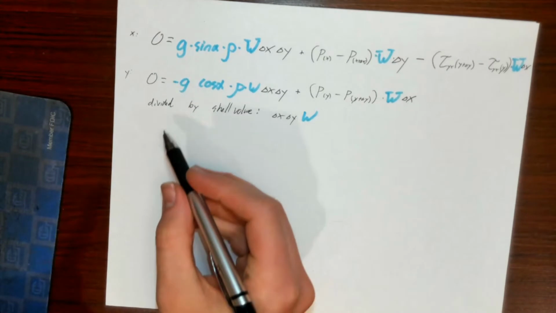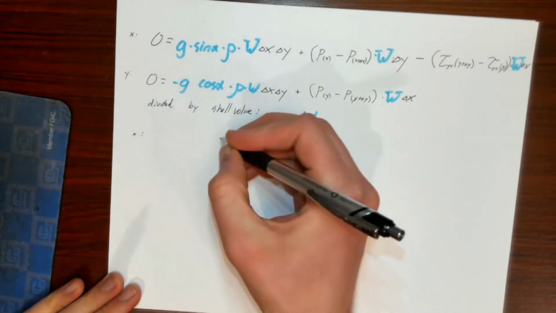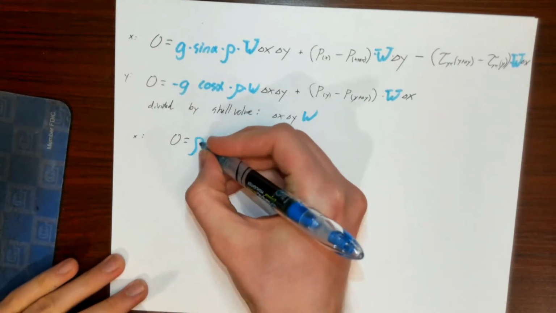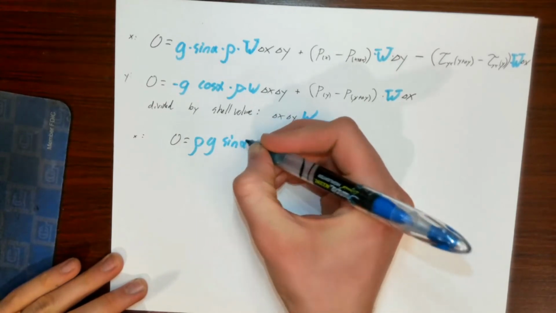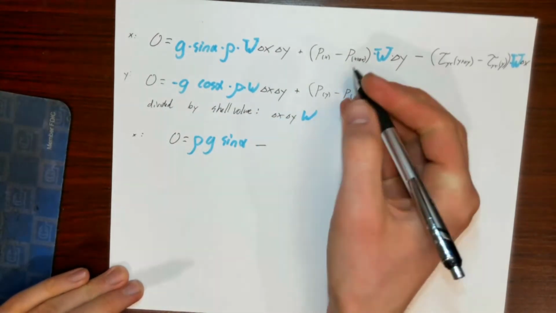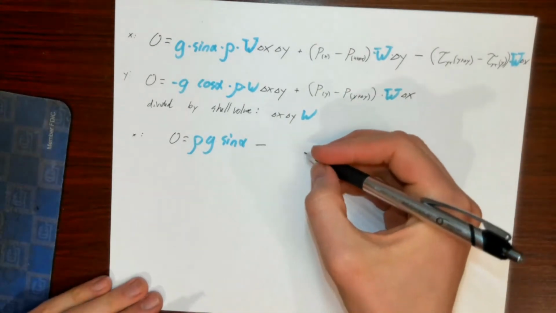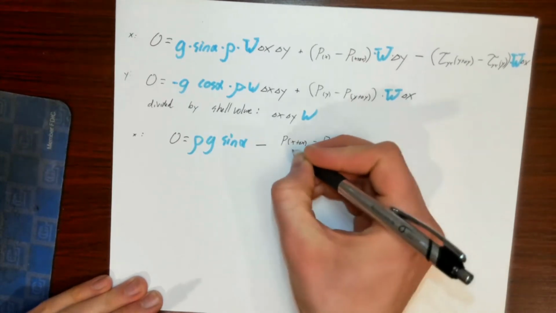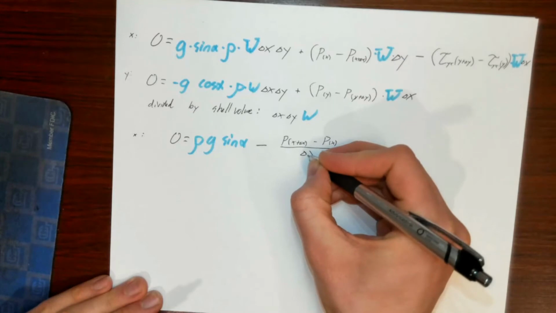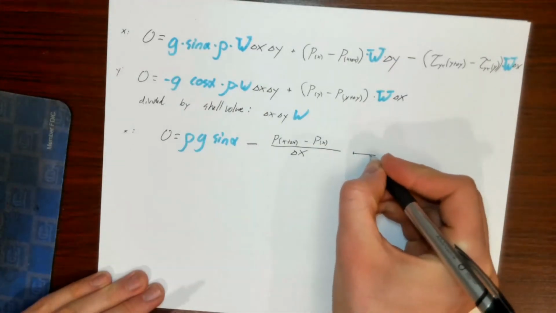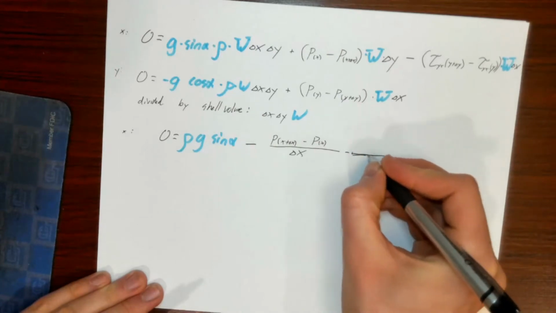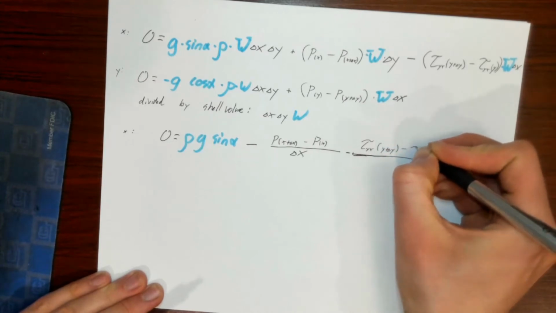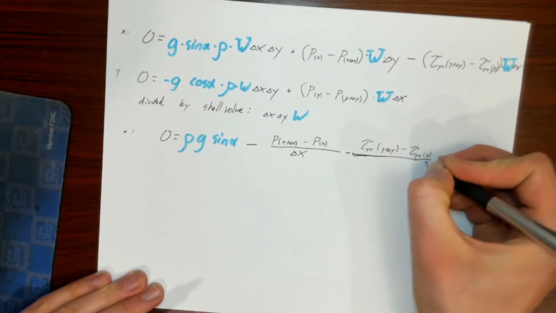So when you divide by shell volume for your x, you get 0 equals rho g sine alpha minus, and I'm going to switch this order a little bit right here, pressure at x plus delta x minus pressure at x divided by delta x, minus tau yx at y plus delta y minus tau yx at y divided by delta y.